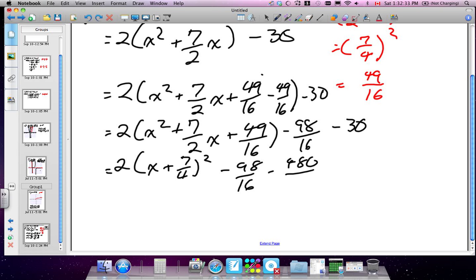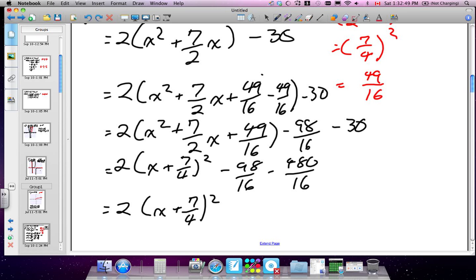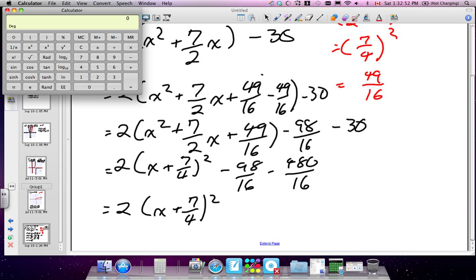over 16. So we get 2 times x plus 7 over 4 squared. Let's do a negative 98. There we go. So we have negative 98 minus 480.